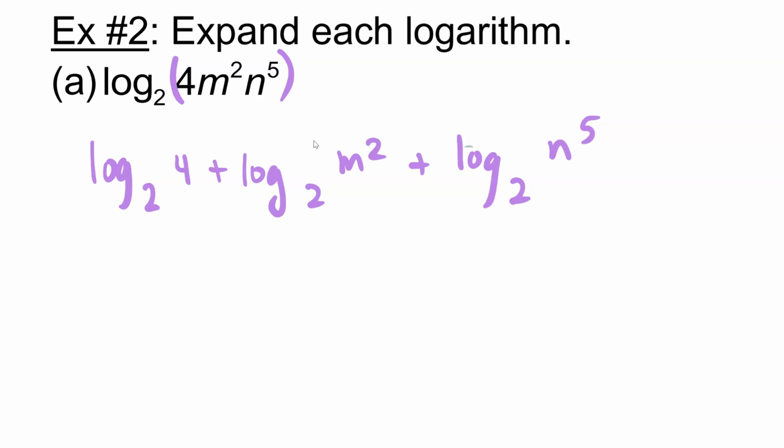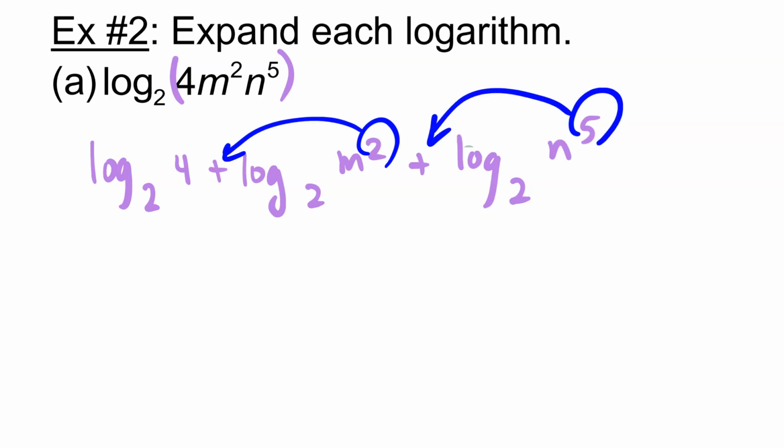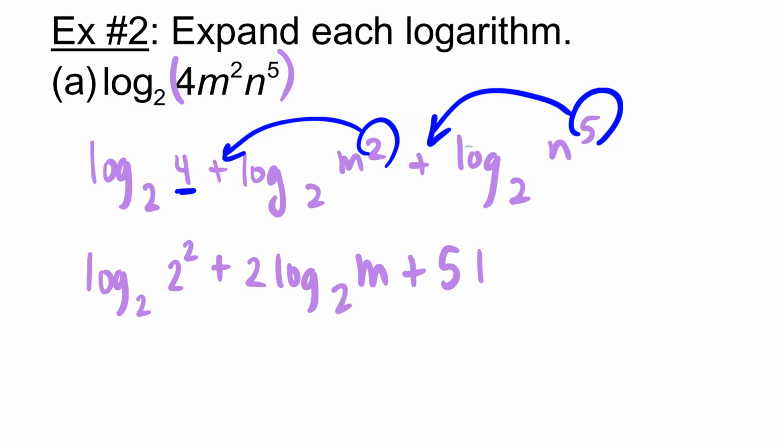I need to bring the exponents out front. Bring the exponent out front. And then, this log base 2 of 4. Could I rewrite 4 in a different way? Yeah, 2 squared. So this is going to be log base 2 of 2 squared plus 2 log base 2 of m plus 5 log base 2 of n.